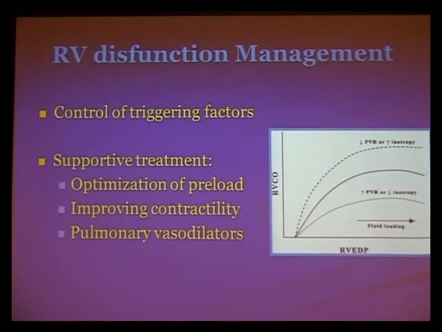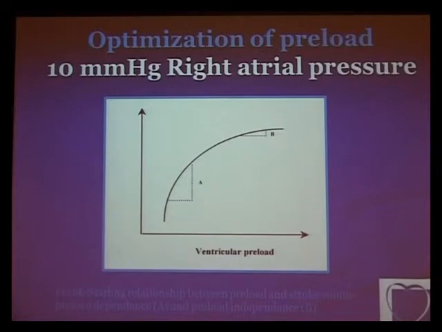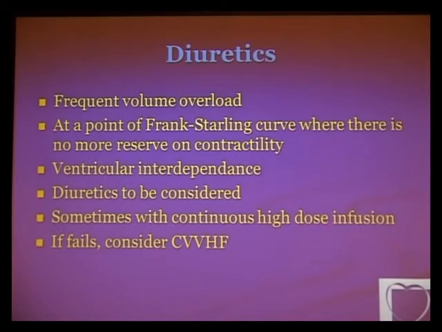And this is very important because sometimes we try to overload those patients, but we know that the preload is extremely important to improve the output, but after a certain degree, we have worsening of the right ventricle output due to major distension of the right ventricle. And in general, different papers show that the ideal central venous pressure should be about 10 millimeters of mercury after the operation.